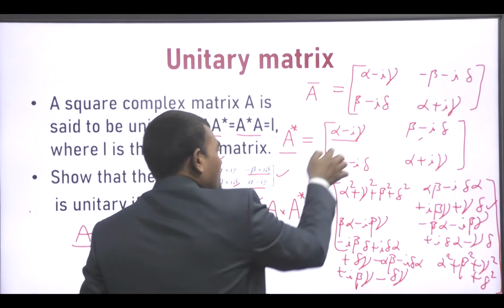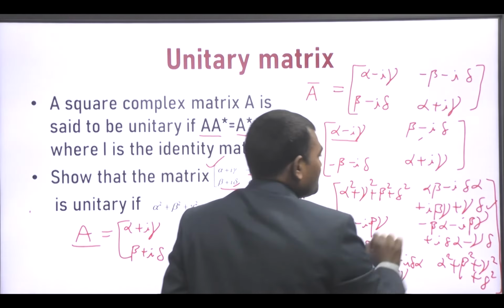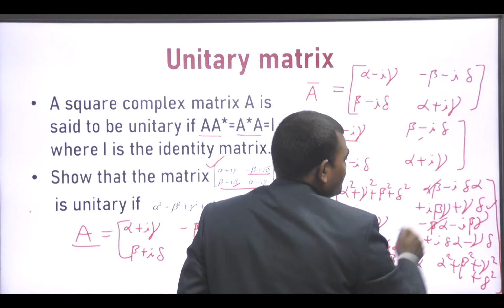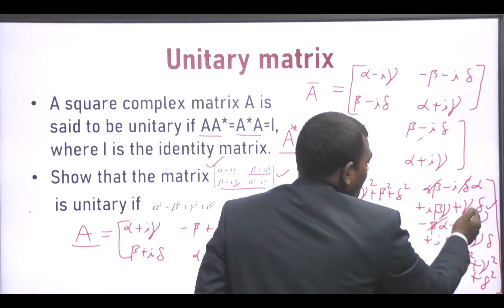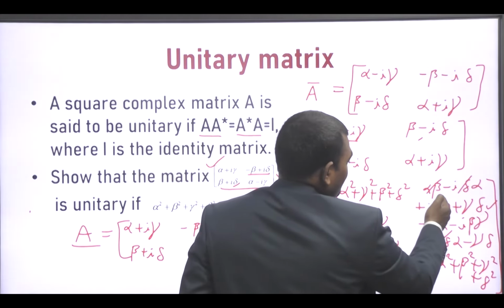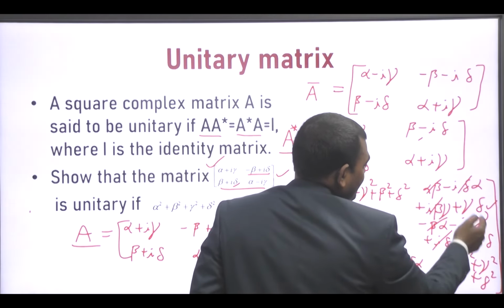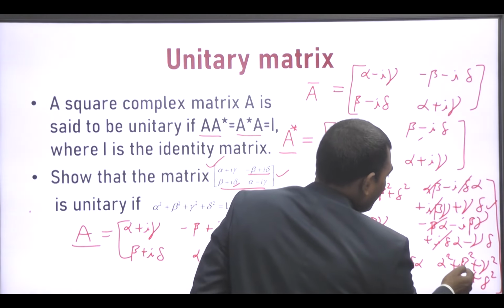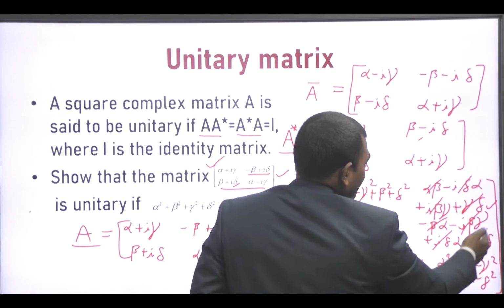Now observe here, this alpha beta cancelled out, minus alpha beta, minus iota delta alpha, this is plus iota delta alpha cancelled out here, and this is the minus iota beta gamma here, and gamma delta, this is minus delta.